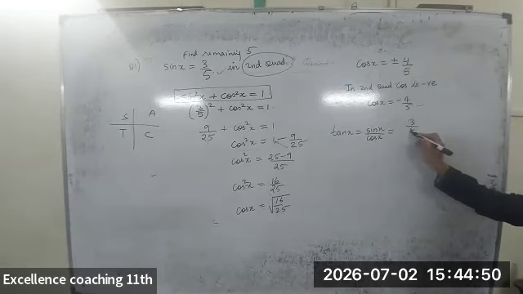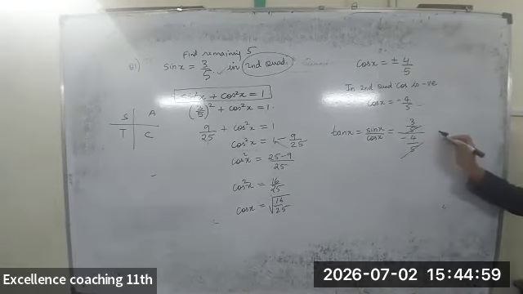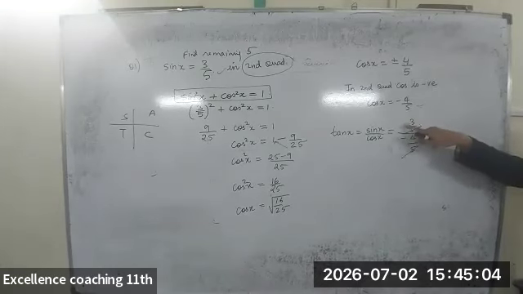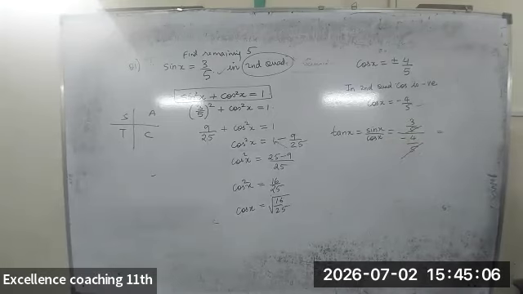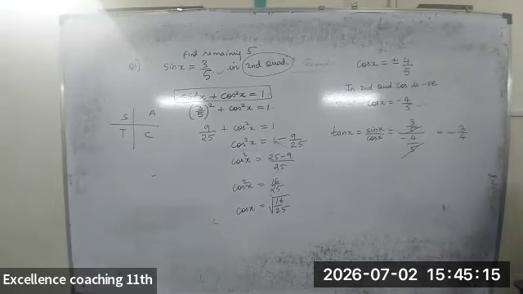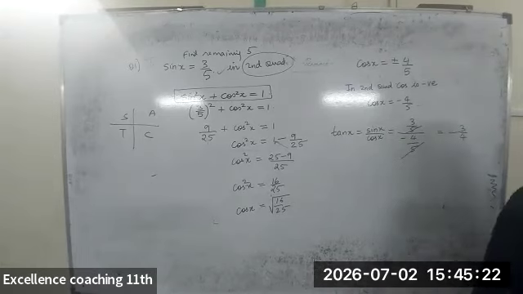So 3 upon 5 upon minus 4 upon 5. 5s are common numbers, you know that you can cancel, or make it ulta also and do whatever. Now whether I write this minus in the denominator or I write the minus in the numerator or simply at the side, all mean the same thing. We can write here also, or you can keep it down also, or you can keep it in the numerator also. Sign negative anywhere you place, doesn't matter. So this is the answer, minus 3 by 4 will be the answer for tan.